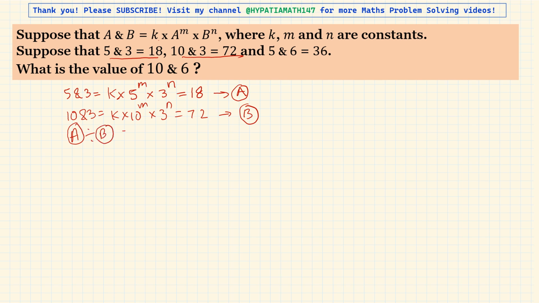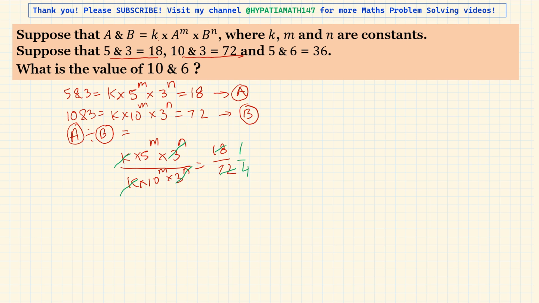I would be getting k times 5 to the power m times 3 to the power n, divided by k times 10 to the power m times 3 to the power n, is 18 out of 72. And you see some of the terms would cancel out. So you have k gone, 3 to the power n, 3 to the power n gone. 18 over 72 is 1 out of 4.